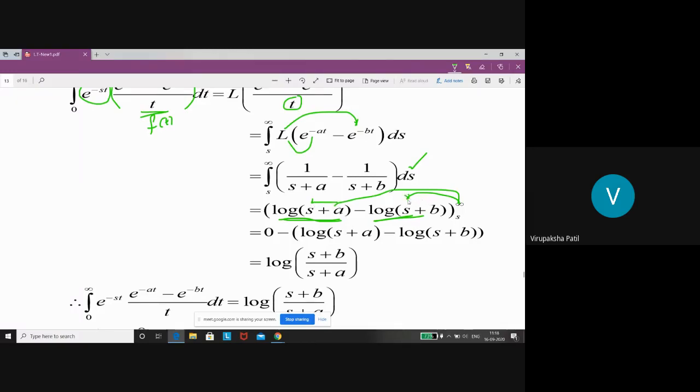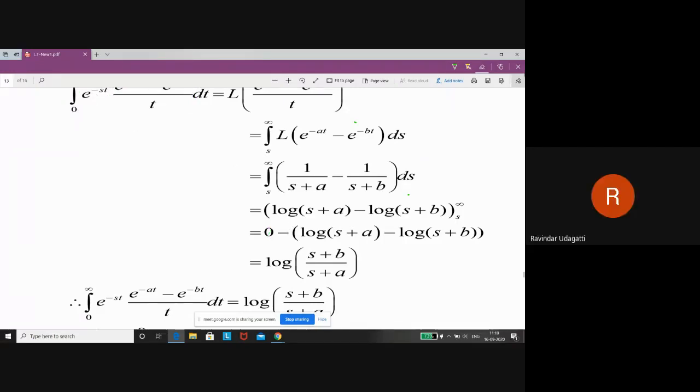So it becomes log of (infinity plus a), which is log infinity, whose value is 0, minus log of (infinity plus b), which is log infinity, whose value is 0. So the upper limit directly goes to 0. Am I right? Am I right or wrong?